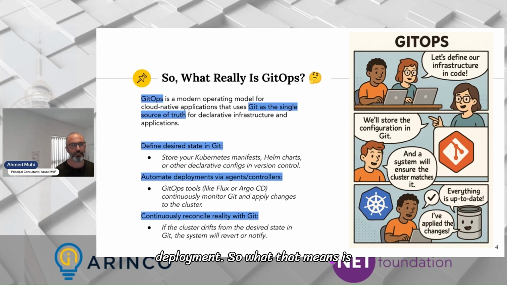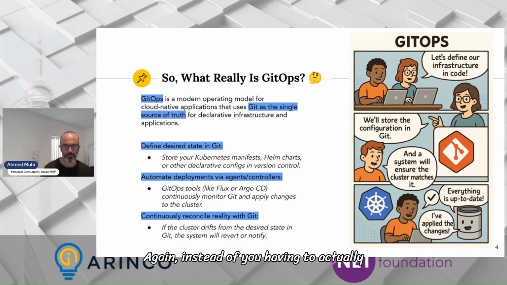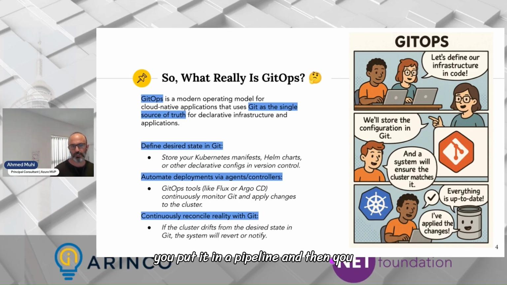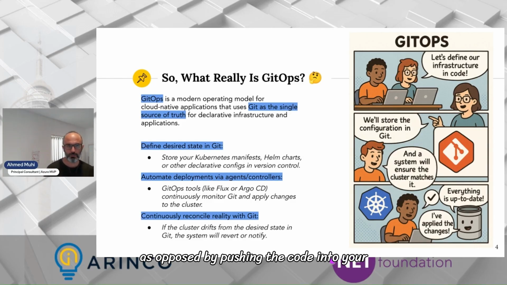Instead of writing your script and configuration as code, putting it in a pipeline, and pushing to deploy to your environment, Git changes that. I have seen a lot of documentation define GitOps as deployment by pull request, as opposed to pushing the code into your cluster.